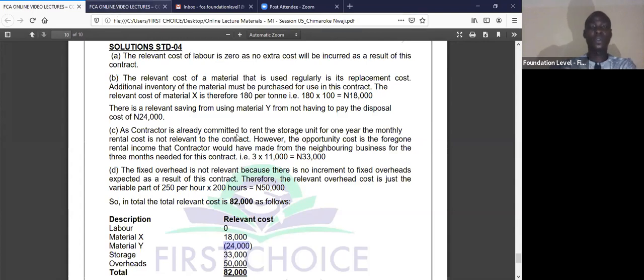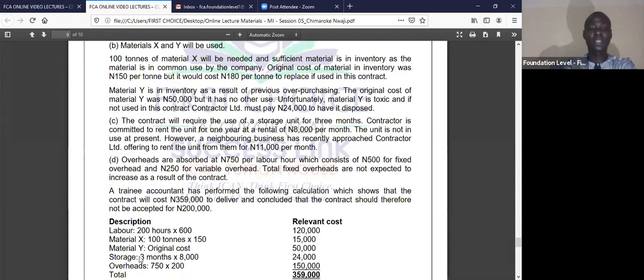Then look at the storage of materials for 3 months, 8,000. This 8,000 was gotten from the contractor committing to the cost. We said committed costs are not relevant. So you can't be planning based on committed costs, because the person will have to pay the 8,000 naira per month.